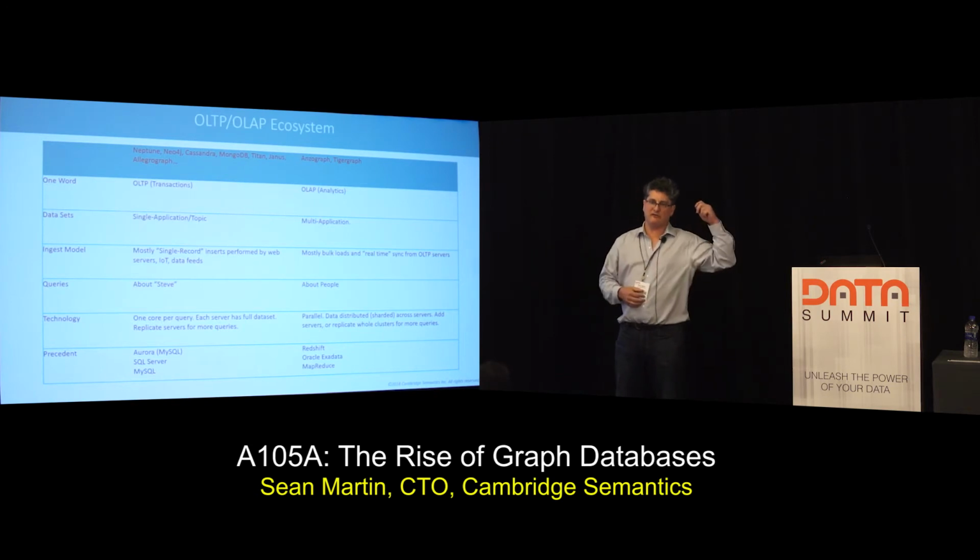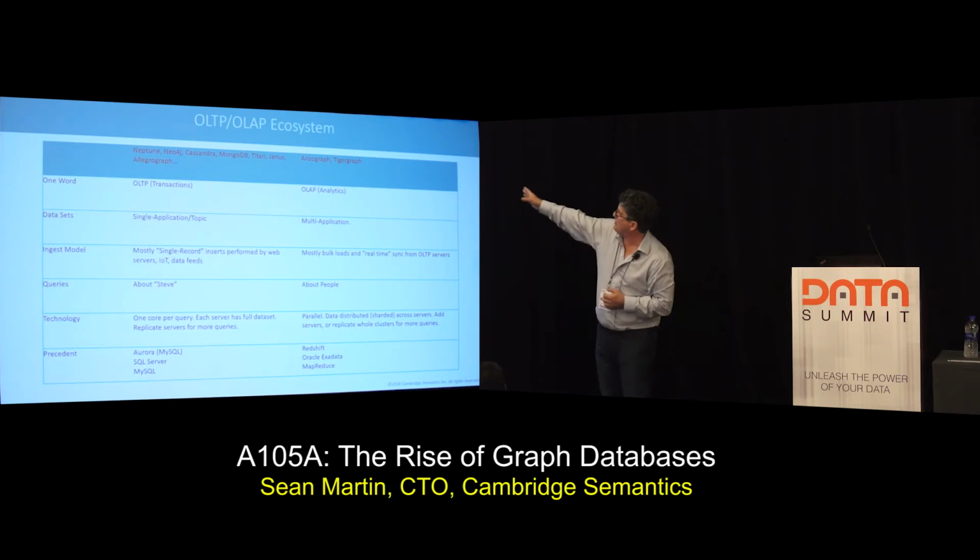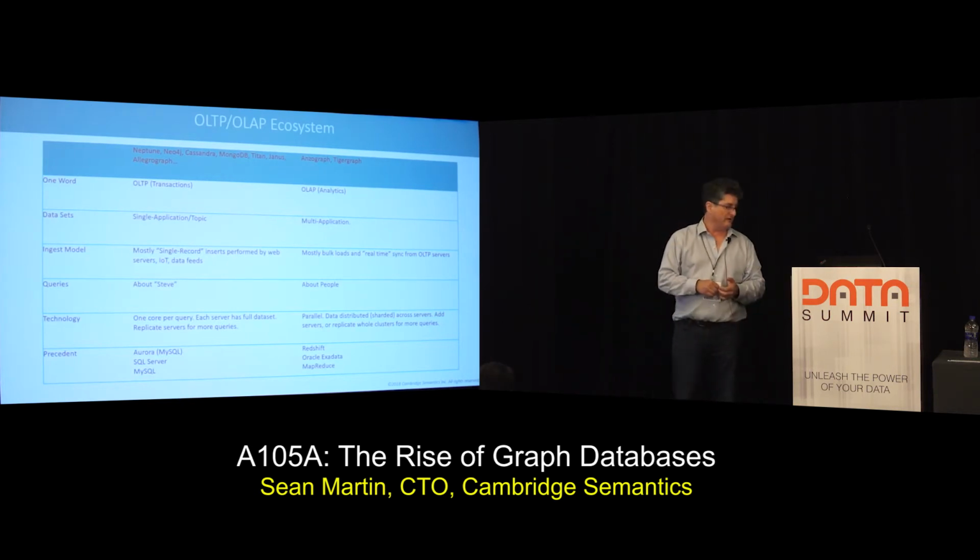Instead of asking about Steve, a single record, I'm asking about an entire population and what they did. But what does it mean that you put them in one column or the other? The top column tells you the names of databases. Are you saying that the things in the right-hand column are things that are done better in Anzo Graph and TigerGraph? Yes. Sorry that wasn't clearer, but that's exactly what it's saying. Okay.